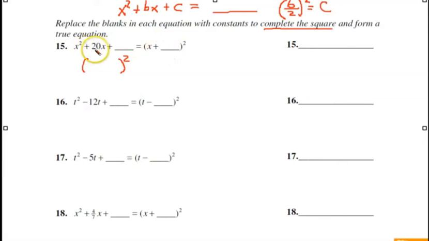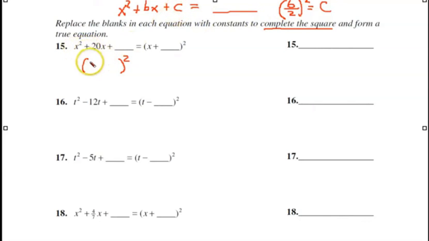So, how do we get that if we have this term and bx? Well, the rule is you take half of b, there's b, take half of it, divided by 2, and then square it. That's going to give you your c term.